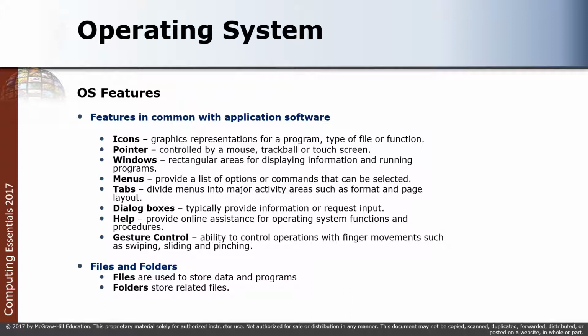For example, when you interact with an application software, if you switch on Microsoft Word and then you want to open a file, you will go to the menu, you click the menu, so you are interacting with the application software. So how does the computer know what to do when you want to interact with the application software? That is the job of the operating system.